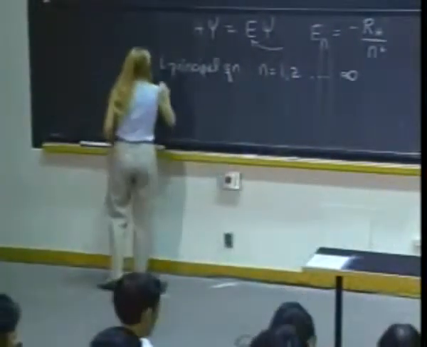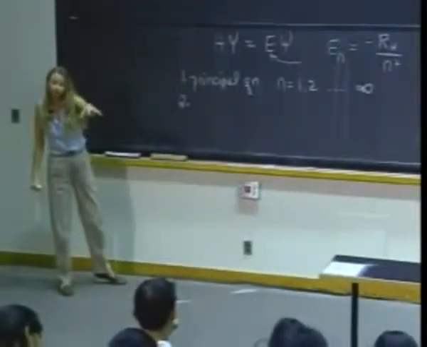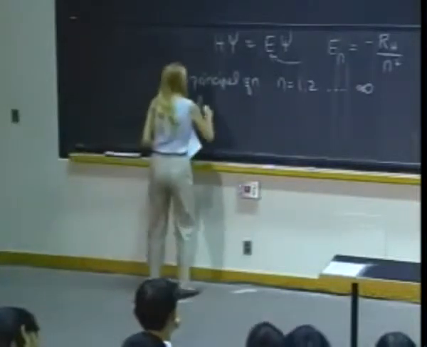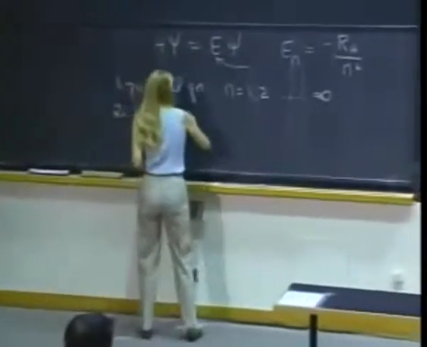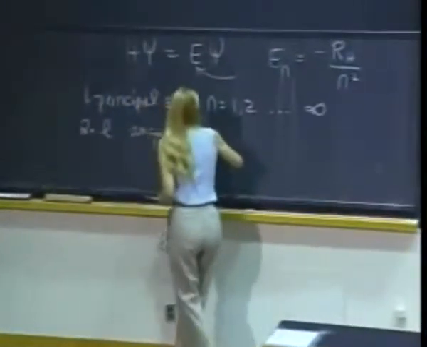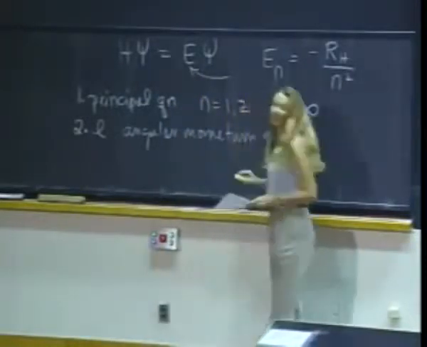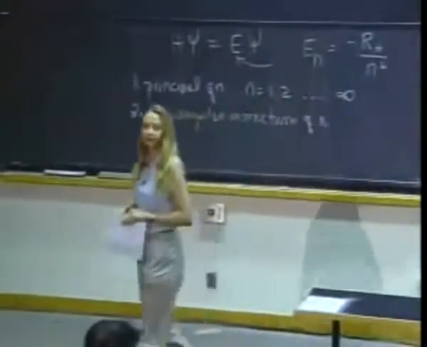One of the quantum numbers that pops out in the solution for the wave function is a quantum number we call L. L is the angular momentum quantum number. It's called that because it in fact determines how much angular momentum the electron has.